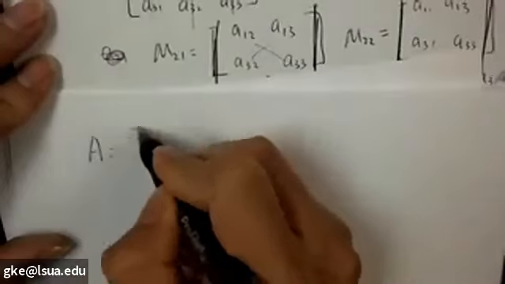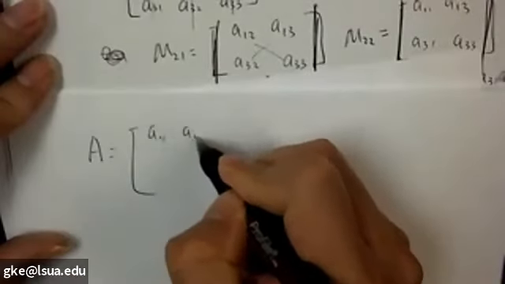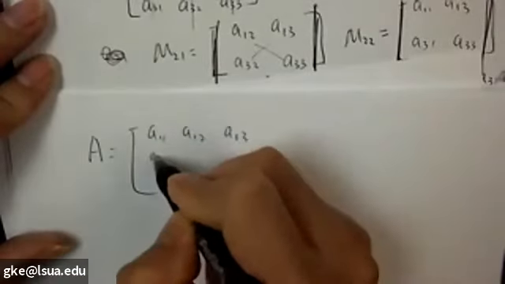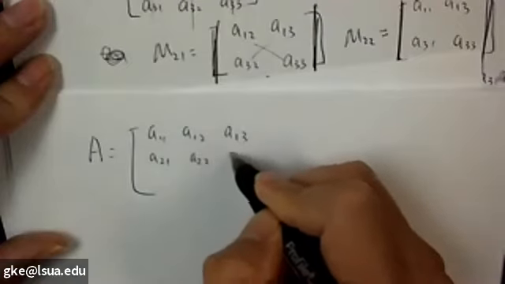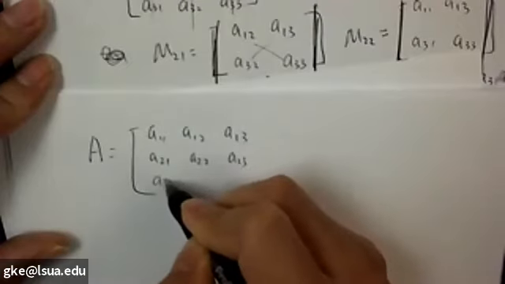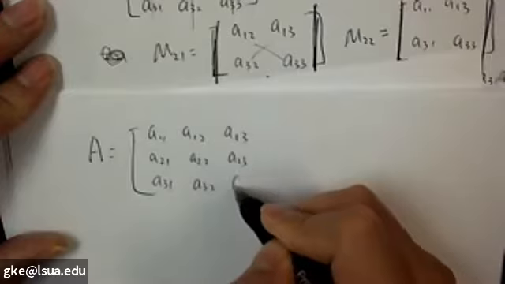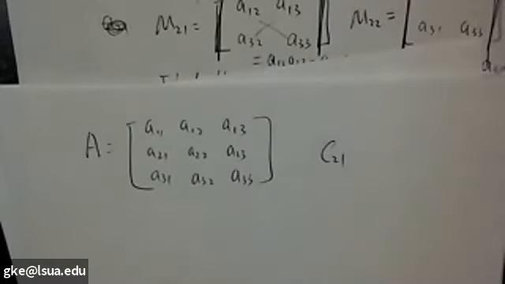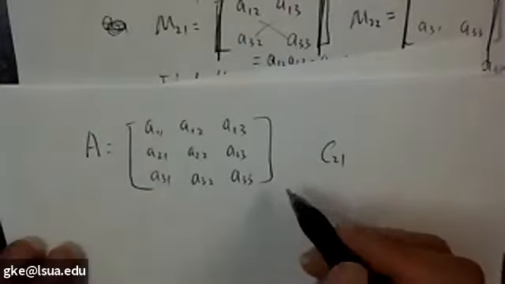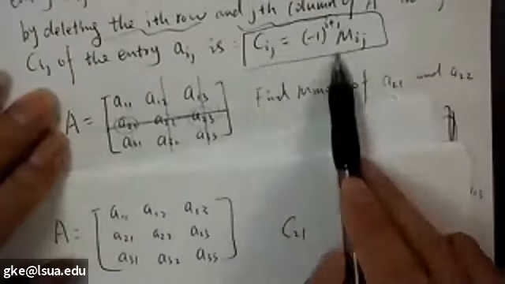A is this guy, up to A33. So how to calculate C21? In the basic definition, we can write it down like that.